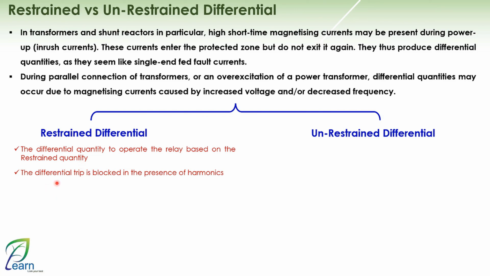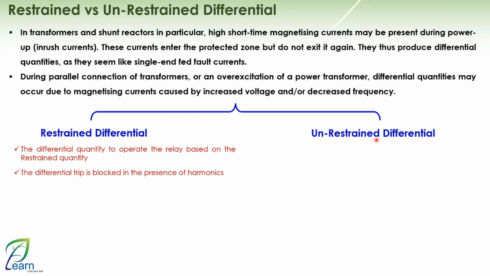Number 2, the tripping from the relay gets blocked in the presence of harmonics in the currents, which we will learn about in detail later, God willing, when we discuss even and odd harmonics that appear in the transformer during the inrush or during overexcitation.